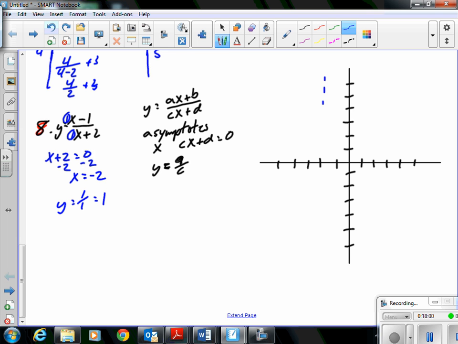If I can do that straight this time. And then we've got y equals 1 for our horizontal asymptote. So when I go to pick values to plug into the equation, we're going to use the same idea. 2 x values to the left of the vertical asymptote, 2 x values to the right.